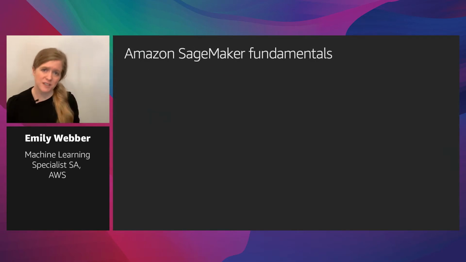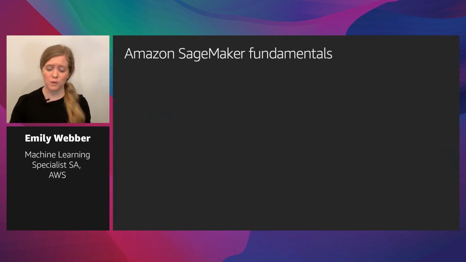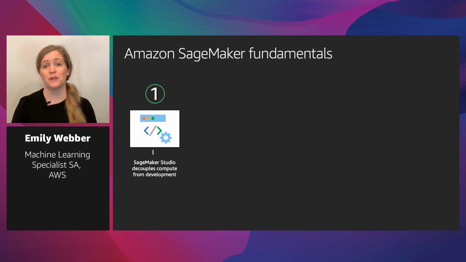To cover SageMaker fundamentals, first we want to understand a managed development environment. That's where SageMaker begins. We're going to talk about SageMaker Studio today, which is actually going to be decoupling our development from our compute. Both the JupyterLab environment that we'll be operating on top of and the notebooks that we're going to run, we can scale those two things separately and manage them separately.